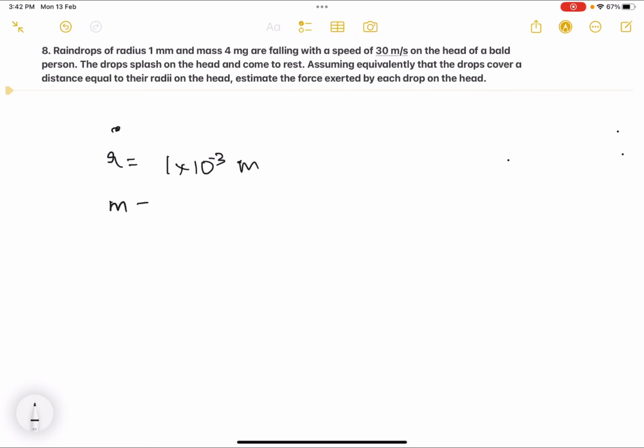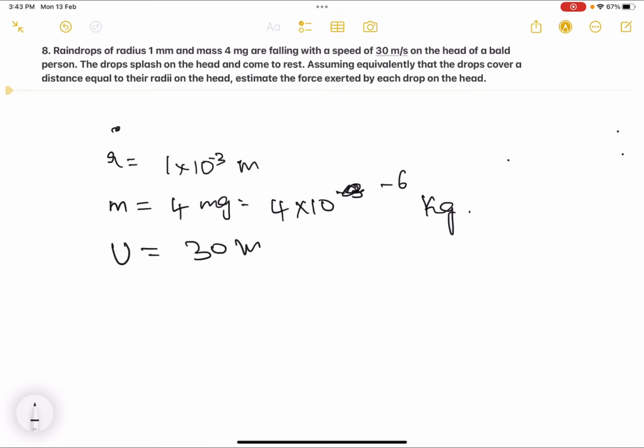Then we have a mass of 4 milligrams, which is equal to 4 into 10 to the power minus 3 grams, or 10 to the power minus 6 kilograms. Okay, that is done.